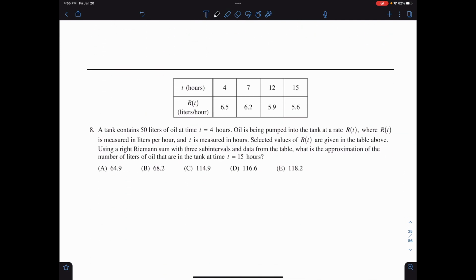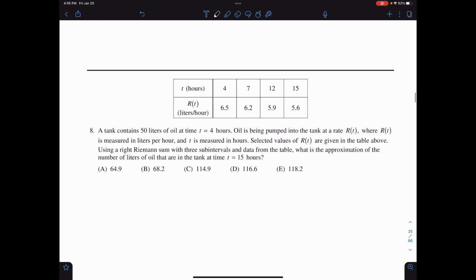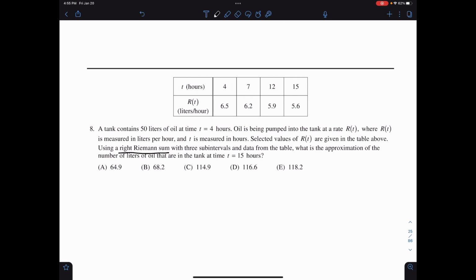We have a tank that contains 50 liters of oil at time t equals 4. Oil is being pumped into the tank at a rate R of t, where R of t is measured in liters per hour and t is measured in hours. Selected values of R of t are given in the table above. Using a right Riemann sum with 3 subintervals and data from the table, what is the approximation of the number of liters of oil that are in the tank at time t equals 15?